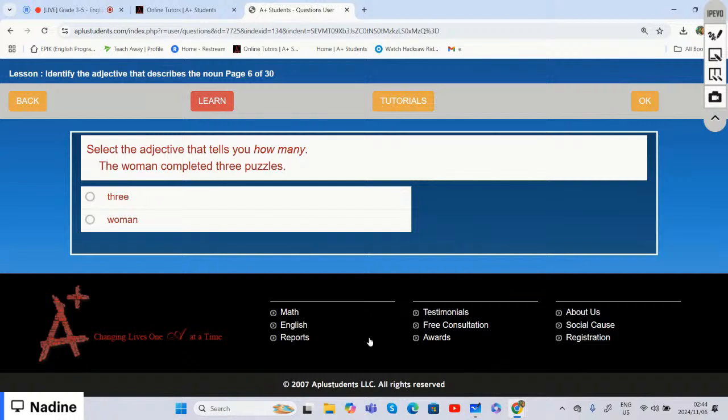And if we were to choose the correct option, it says the woman completed three puzzles. How many puzzles did the woman complete? Three. So three tells us how many puzzles or how many something the person completed. All right.